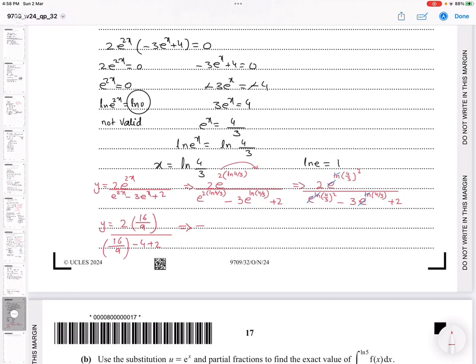This gives us minus 16. So the coordinates of our stationary point are: x is ln(4/3) and y is minus 16.